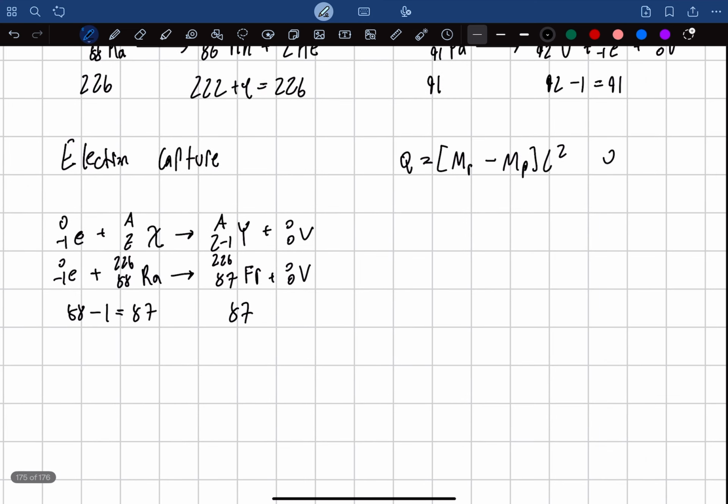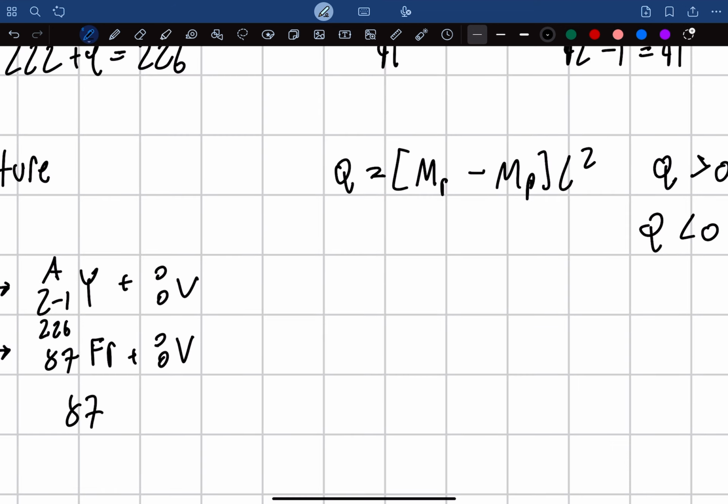So if Q is greater than 0, it's exothermic. If Q is less than 0, it's endothermic, which is very counterintuitive if you think of chemistry, because chemistry is the other way around. But if you think about it, we're going reactants minus products.